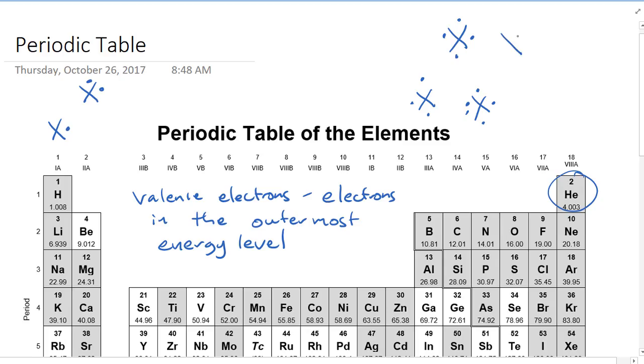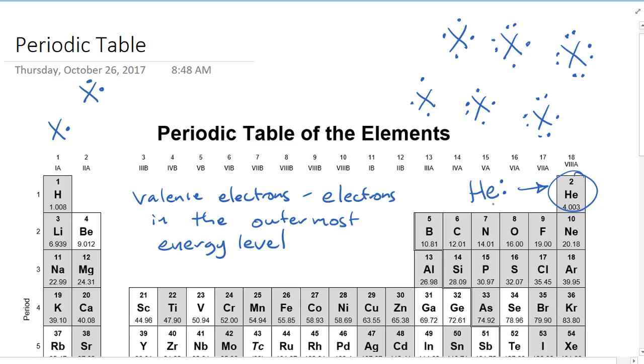Group 6A would have 6 dots. Group 7A, 7 dots. And group 8A would have 8 dots. With one exception. That one exception again would be helium. And helium would actually write it as He with 2 dots.